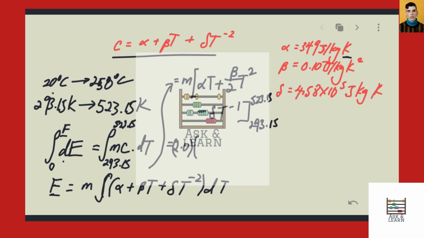So we have alpha 349 times t plus beta, which is 0.107, divided by 2 times t squared, minus delta 4.58 times 10 to the power 5 divided by t.